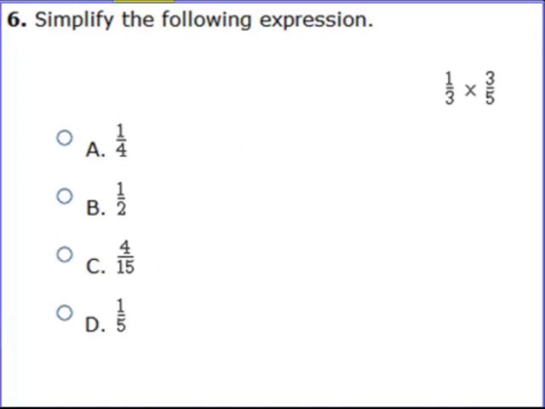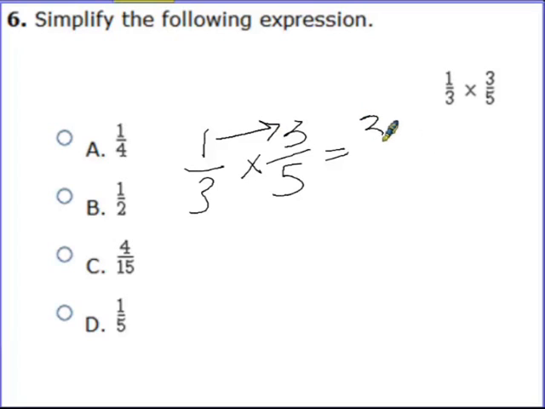Okay. Now, if you're given a problem like this, this is so easy. You're going to love it. It is straight up multiplying, pretty much like you started doing in about 3rd grade. I get to multiply straight across. 1 times 3 is 3. 3 times 5 is 15.